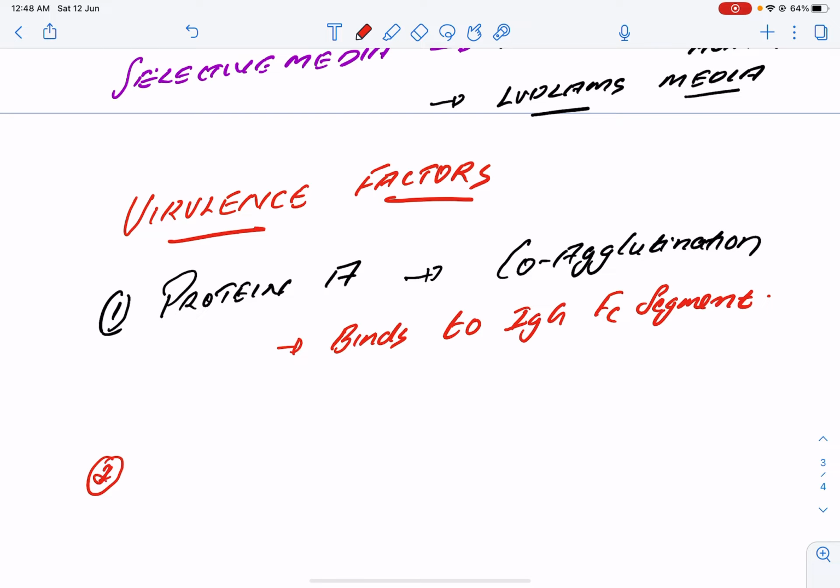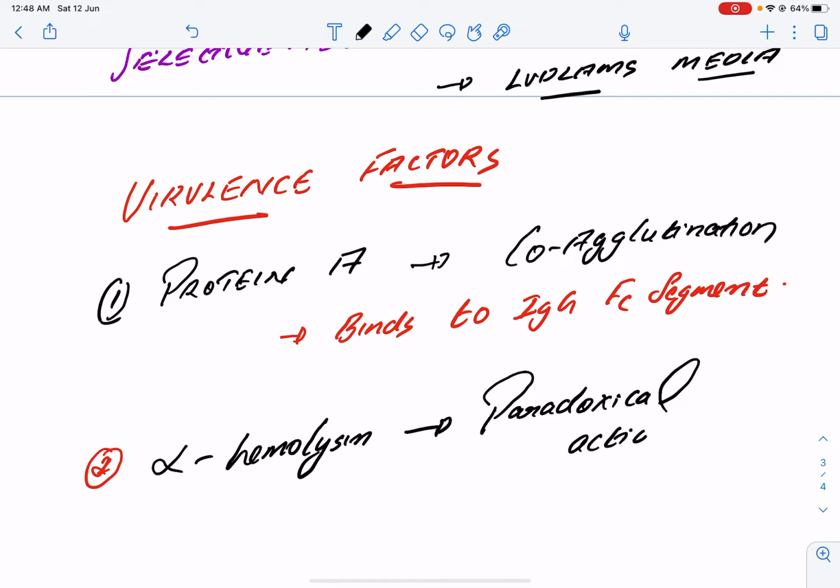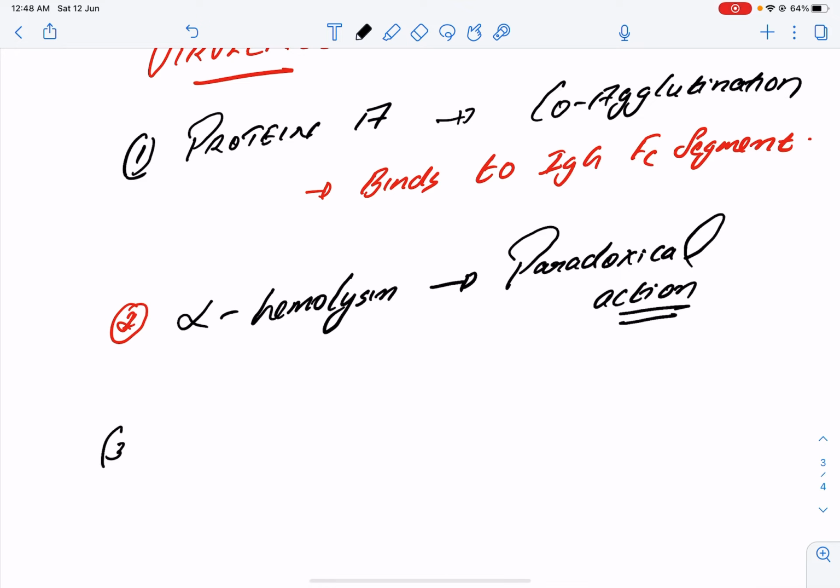Second one, remember, they have alpha hemolysin that will cause paradoxical action. Third thing, they have beta hemolysin.